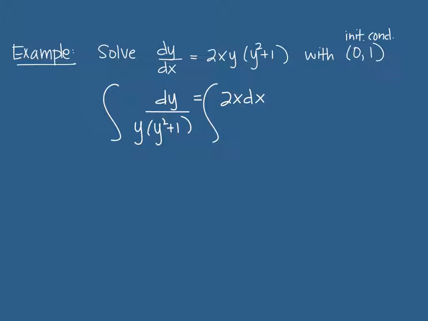The x side integrates easy, right? The x side is going to integrate into x squared plus c, so piece of cake. The y side needs partial fractions. So I'm going to have to do some algebra before I can do my antiderivative.